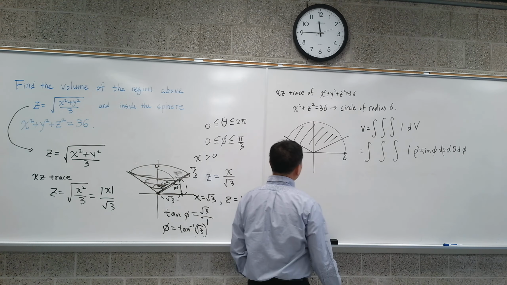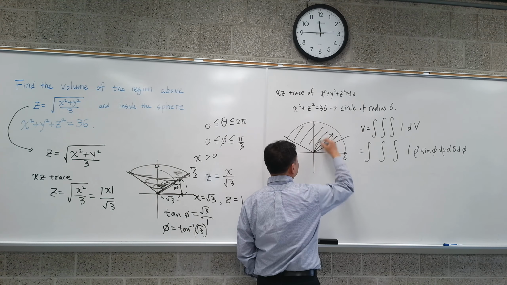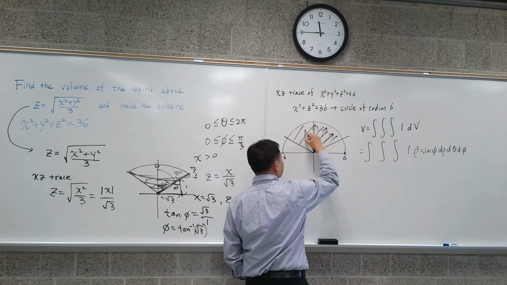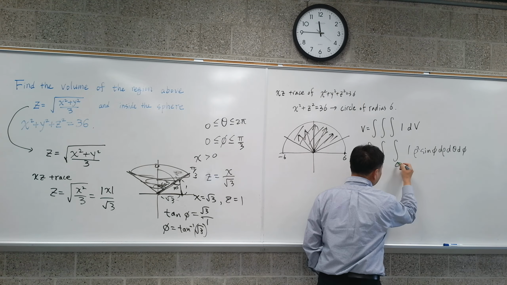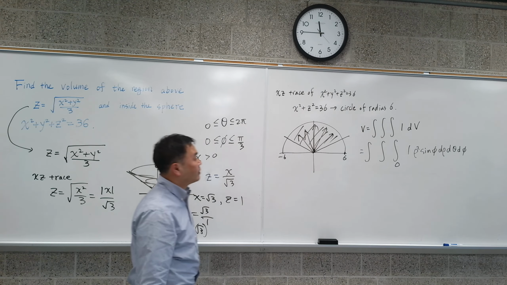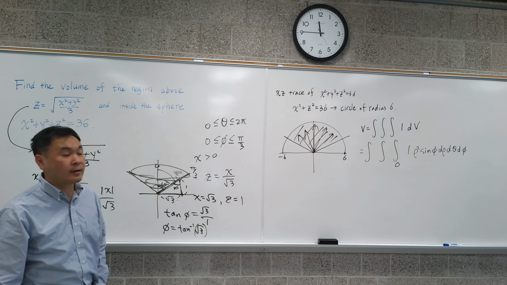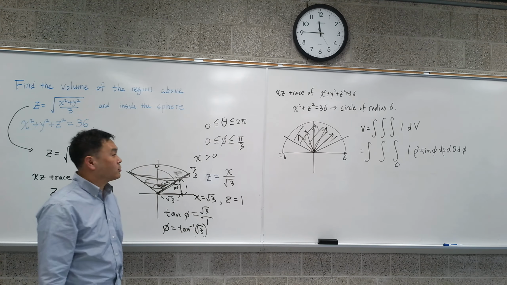where rho is trying to fill this space radially coming out from the origin. So it starts from 0. Where does it end? 0 to 6, right? So rho equals 6.